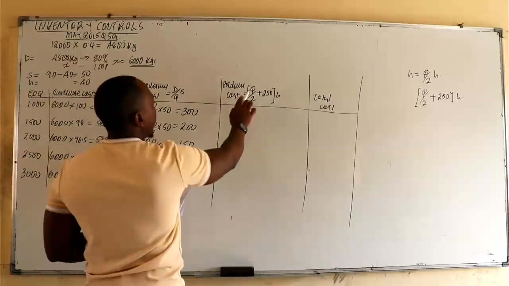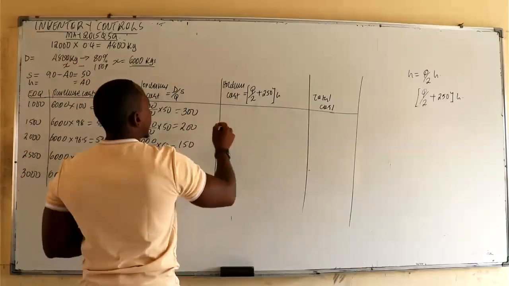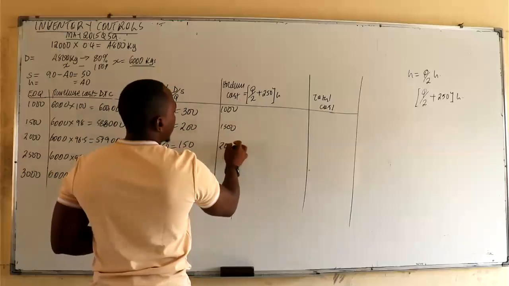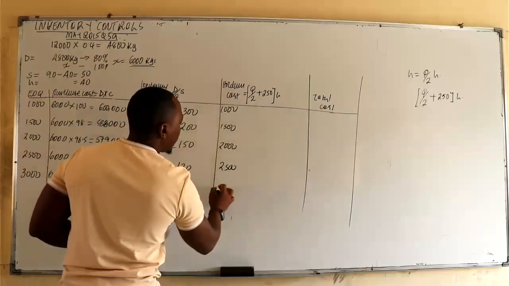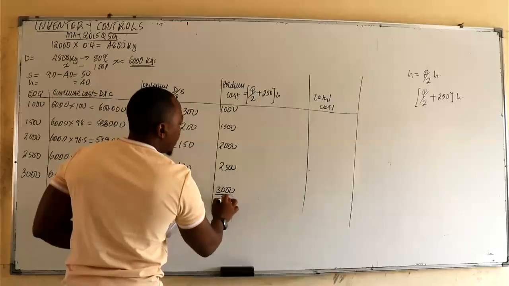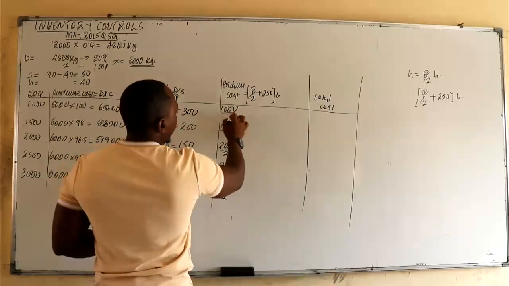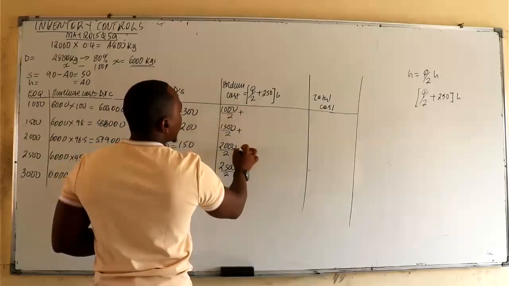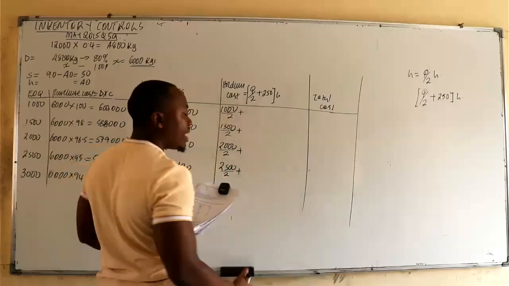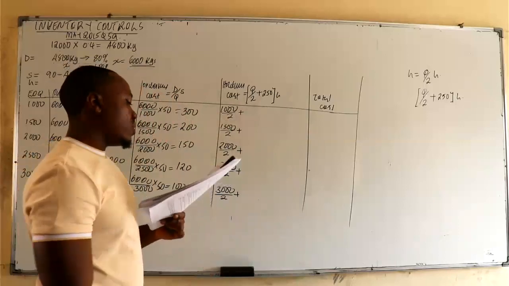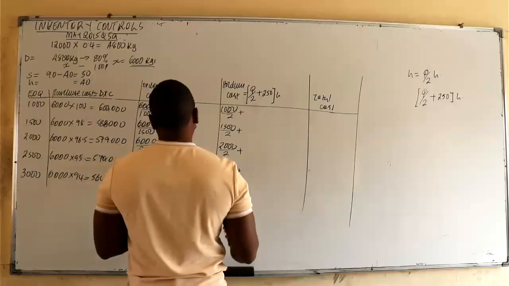So for holding cost, we take EOQ. This was 1,000, 1,500, 2,000, 2,500. Then you divide by 2 to get the average. Once you get the average, then you add the safety stock they must maintain. Safety stock of 250 kilograms is required.